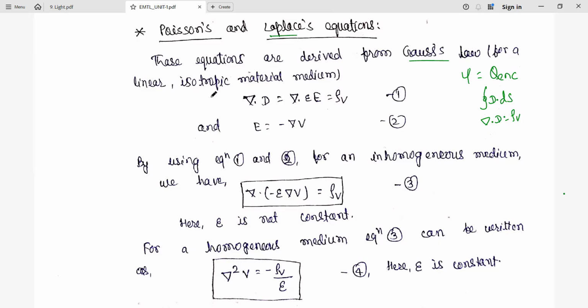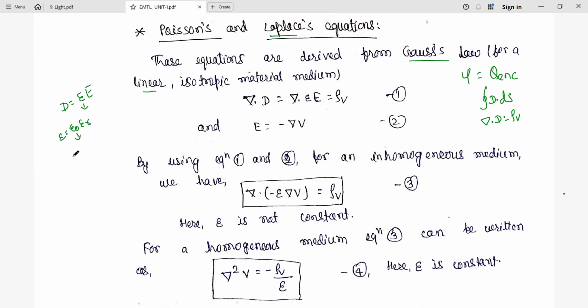In case of a linear and isotropic material medium, this law is applicable. Here we have del dot D, where D is the flux density, and we have seen D equal to epsilon into E. Epsilon is the permittivity, and epsilon equal to epsilon naught into epsilon r.